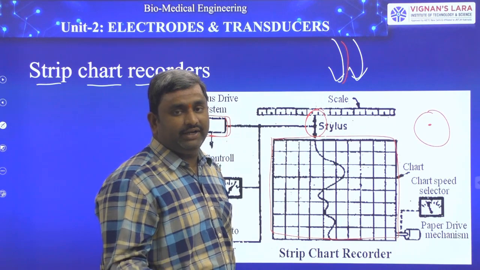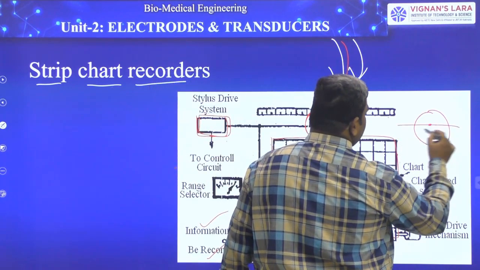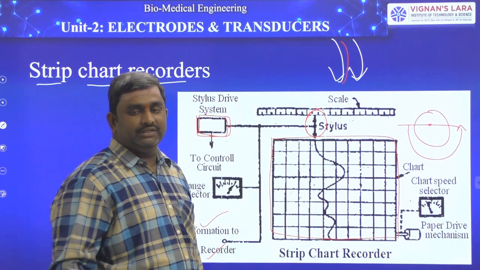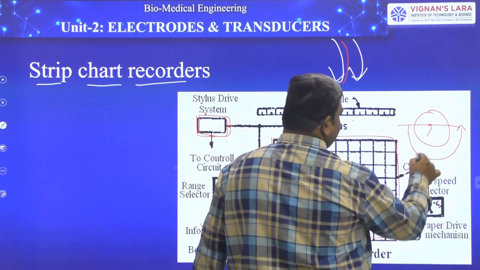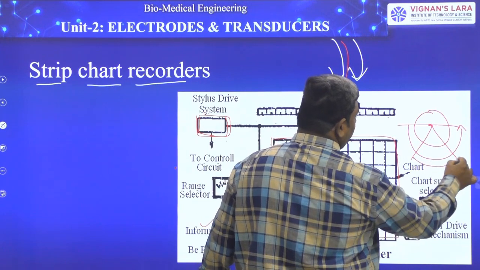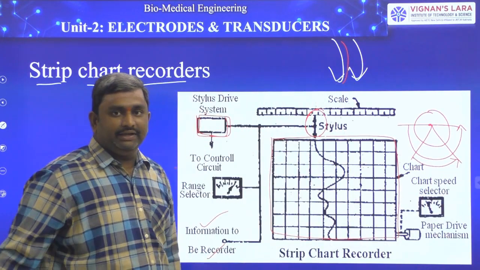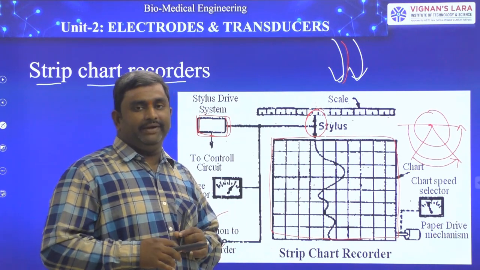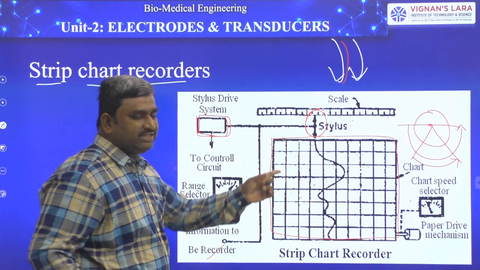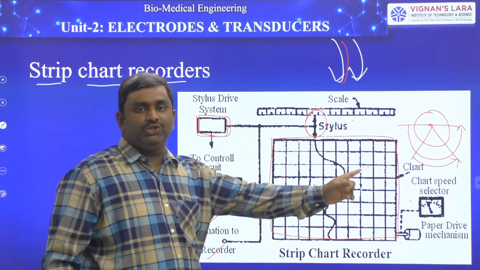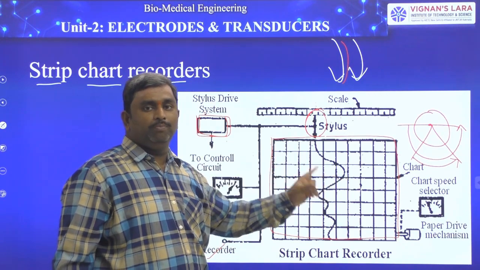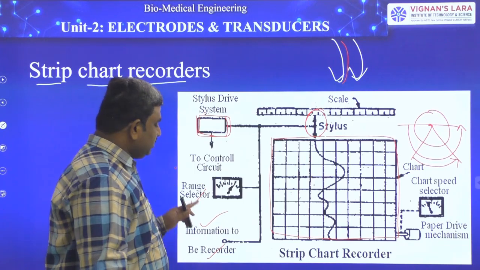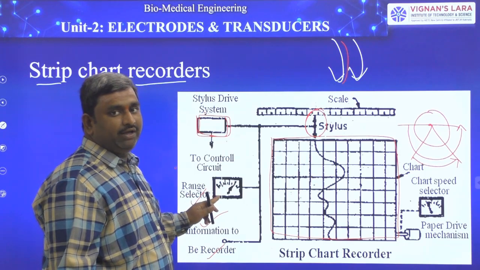If you are giving 180 degrees for the stylus, it starts here and ends here. This is 180 degrees. Next, 90 degrees: this is 90 degrees from here to here. So we have a lot of angle movements for the stylus. Here you have to select from which range to which range the stylus has to move, and we do that using the range selector box. So this is the range selector box.